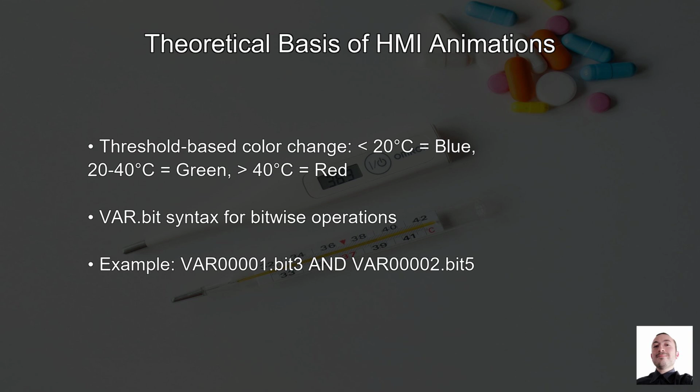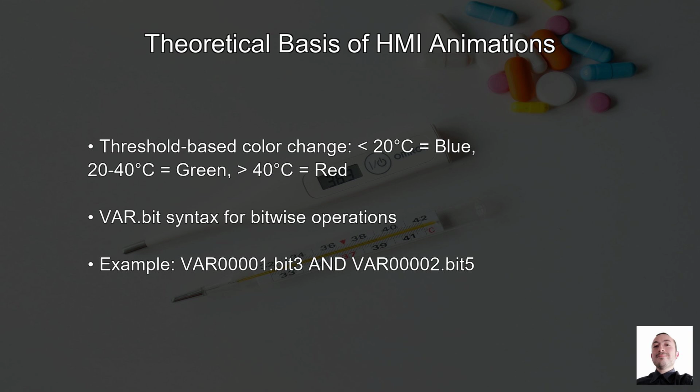The system evaluates the variable's value and applies predefined rules to change the visual properties. For instance, if the temperature is below 20 degrees Celsius, the rectangle might be blue. Between 20 and 40 degrees, it turns green, and above 40 degrees, it turns red. These rules are often set using threshold values.